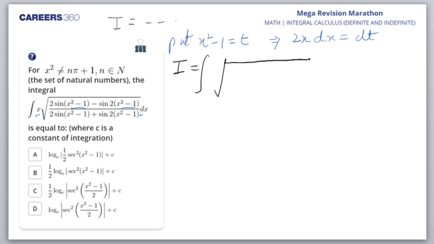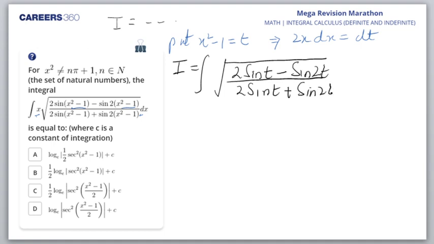Whole under root 2 sine t minus sine 2t upon the same thing but with a plus sign, 2 sine t plus sine 2t. And here you'll have dt by 2. Am I right, students? Okay. Now, sine 2t, can anybody give me the formula for sine 2t? Sine 2t is nothing but 2 sine t cos t.